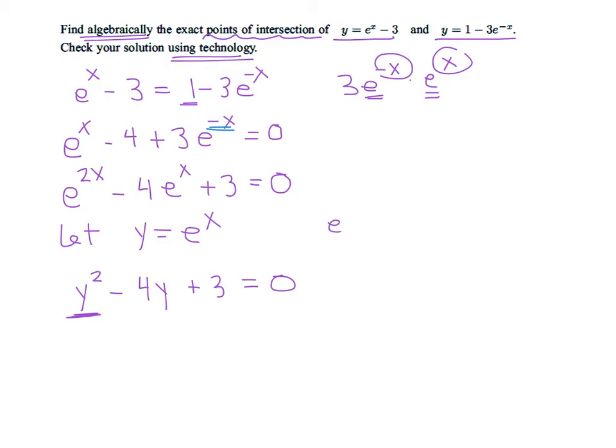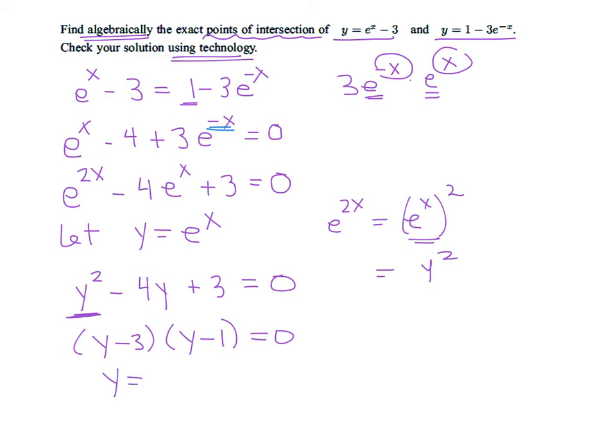Well, e to the 2x is the same thing as e to the x squared, right? So this e to the x, we let it be y, therefore it's a y squared. So now this is factorable: y minus 3, y minus 1 equals 0. Therefore, y is equal to 3 and y is equal to 1.